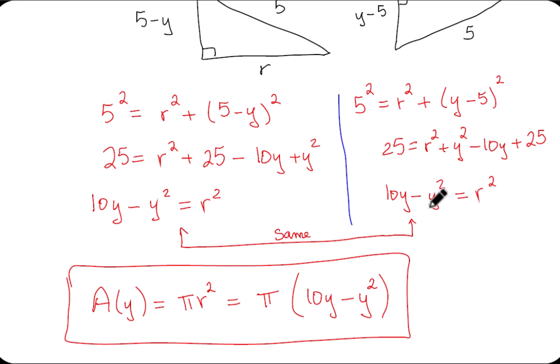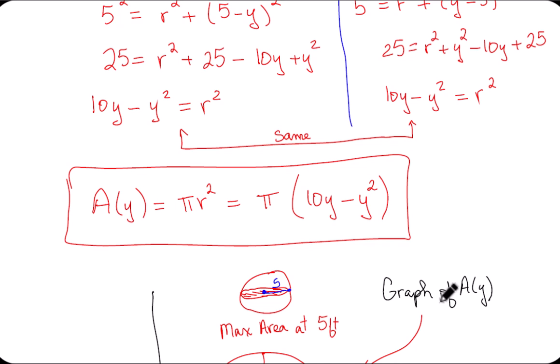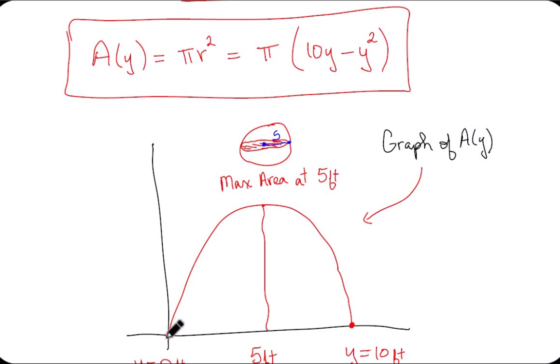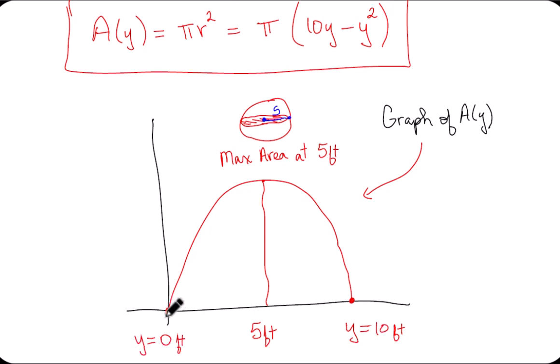I've got an r squared that's the same, so I don't have to worry that it's different in different places. The area starts off at 0 when we're full. As we go down, we get maximum area at 5. At the bottom, when y is 0, area is 0. When it's full, it's also 0. y is the depth in the tank.